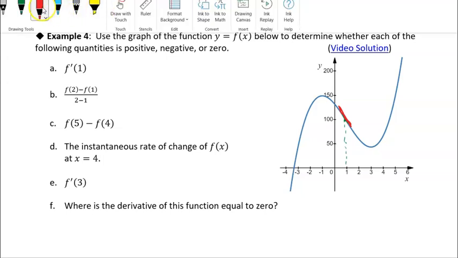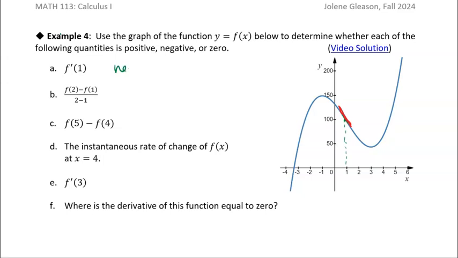And I want to know is the slope of that line positive or negative or 0. You can see that as x increases, we're going downhill, right? The y value is decreasing. So that means that the slope is negative, which means f prime is negative. Again, it's just the slope of that tangent line.